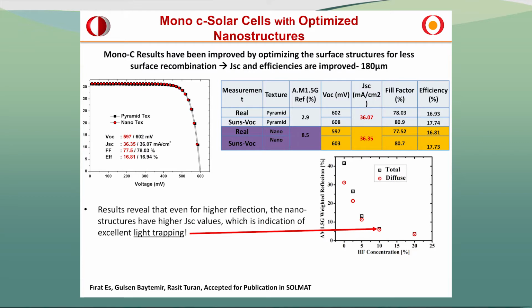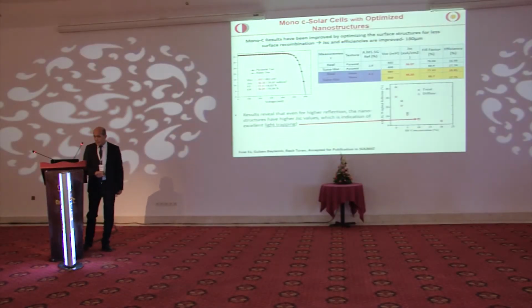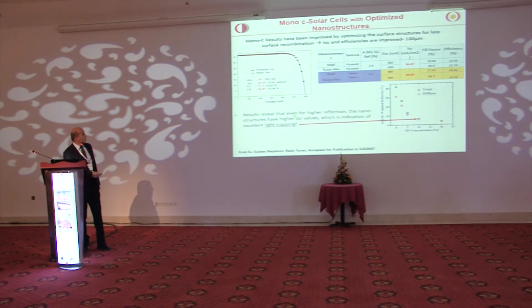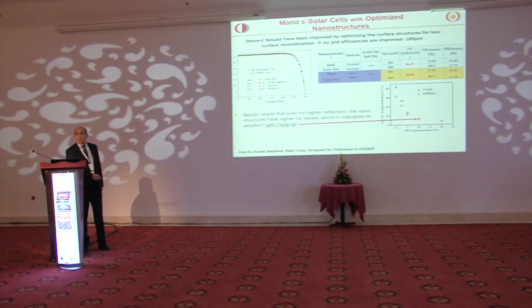So we have found the right chemistry for this case. And the real efficiency is almost the same as the reference wafer. The results show that even for higher reflection, the nanostructures have higher JSC value, which is an indication of good light trapping.